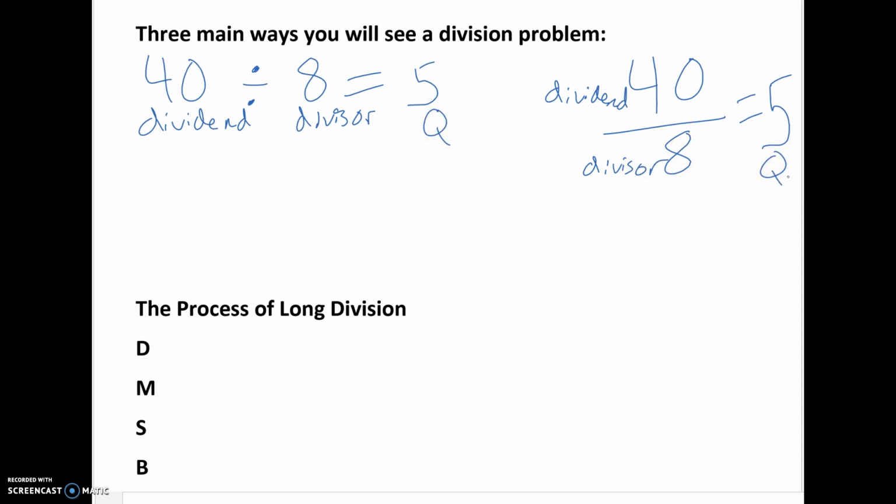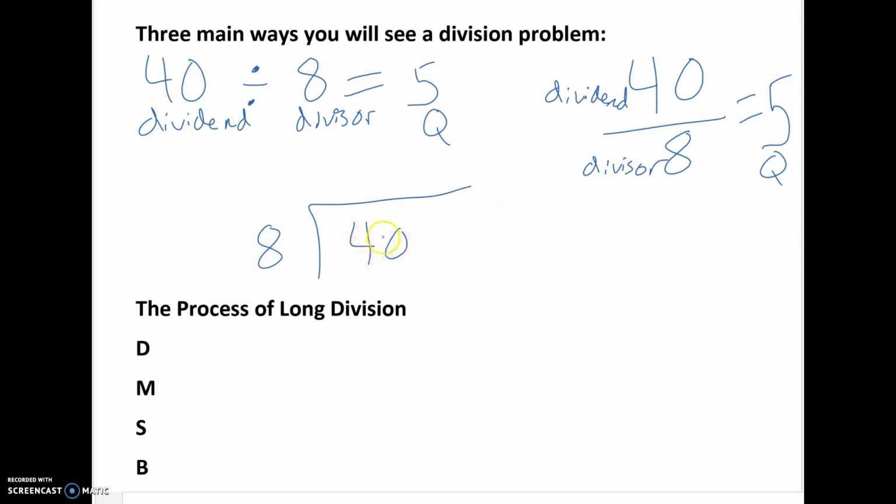Okay. But the main way you're going to see division problems when you're actually working out long division on paper deals with this sort of box type thing. Okay. In this case, the dividend, 40, goes inside the box. The divisor goes outside the box.